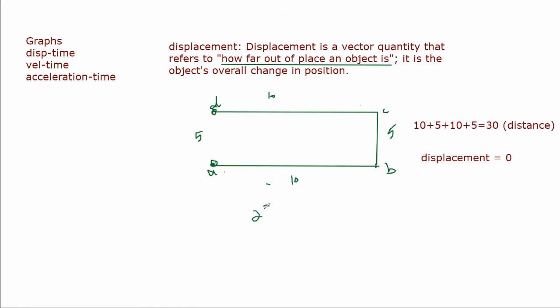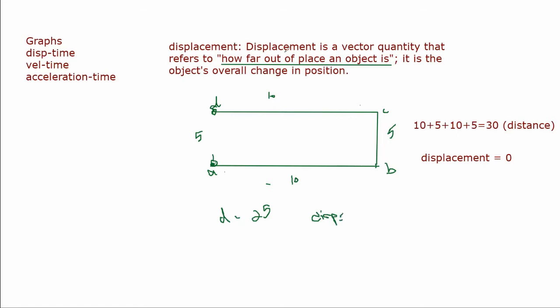He covered a distance of 25, but he is 5 kilometers far from point A. The distance between point A and point D is 5 kilometers, so the effective distance he covered is 5 kilometers. So the distance is 25, the displacement is 5. This is the major difference between distance and displacement.